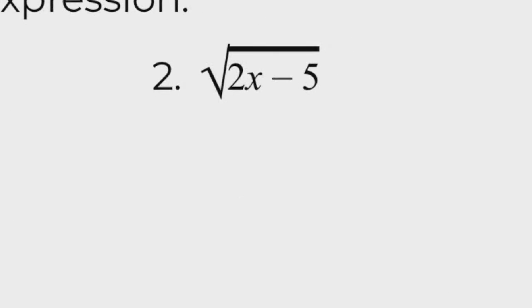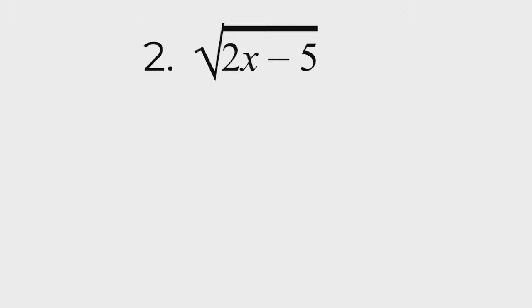For number 2, we have a radical. We have square root of 2x minus 5. So the number inside the square root, which is 2x minus 5, this has to be positive, so that means it has to be greater than 0, and it can also equal 0. So that means our setup would be 2x minus 5 is greater than or equal to 0.